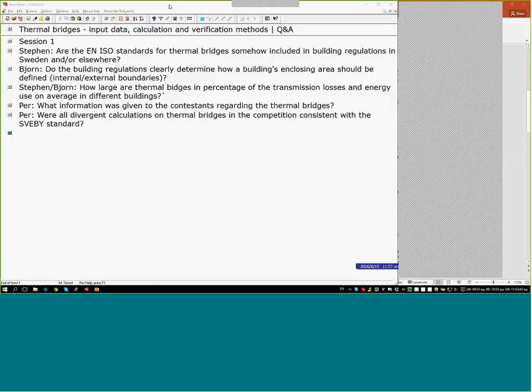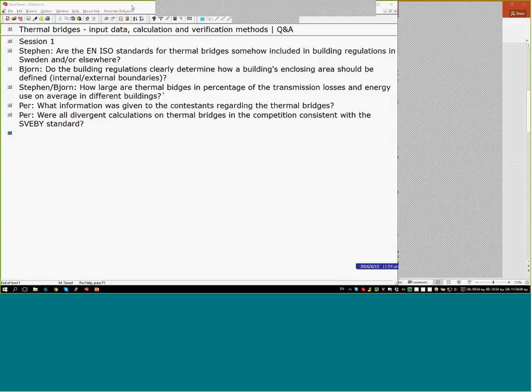And the standard for the energy demand, of course, refers to the standard for how to calculate thermal bridges. However, it's not in force that you must use the standards which a standard refers to. If it's okay, I can also go through the second question, because that was directed to me.